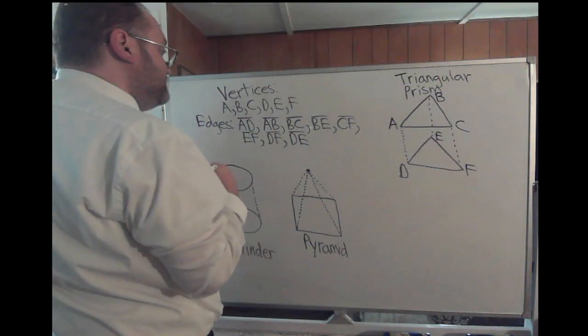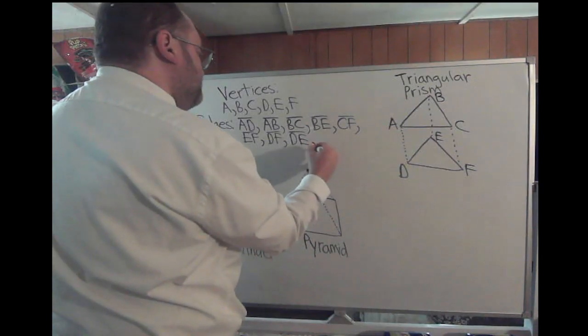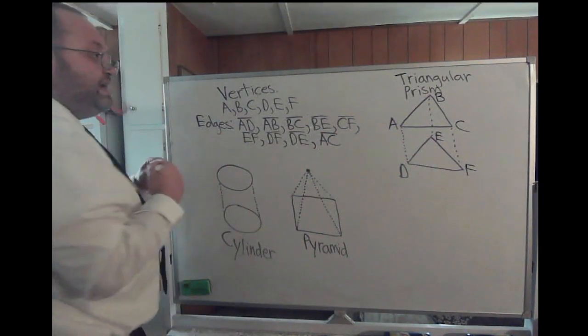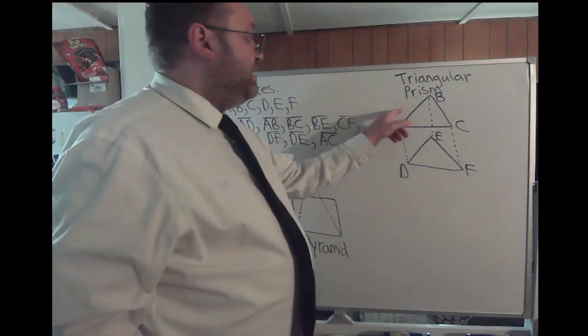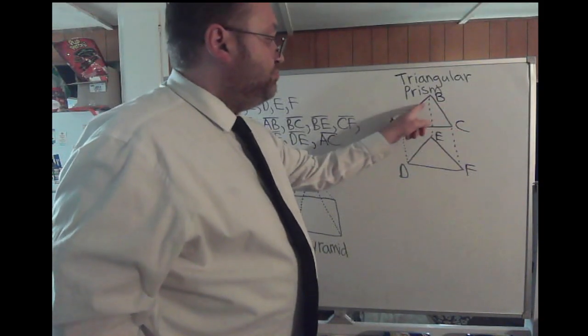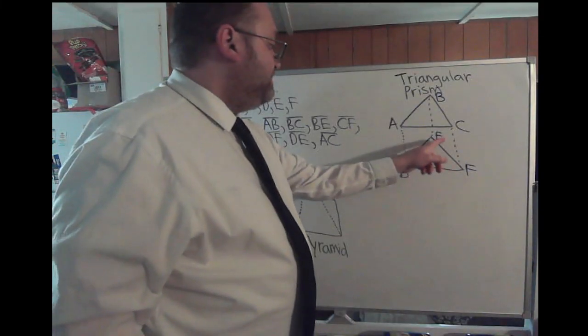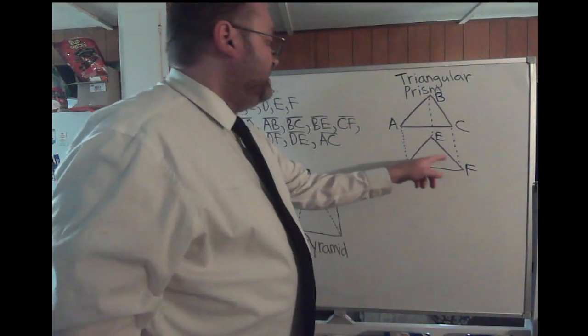I feel like I'm missing one. Oh yeah, AC. I'm missing AC. So we have 9 edges here: AD, AB, BC, BE, CF, EF, DE, DF, AC.